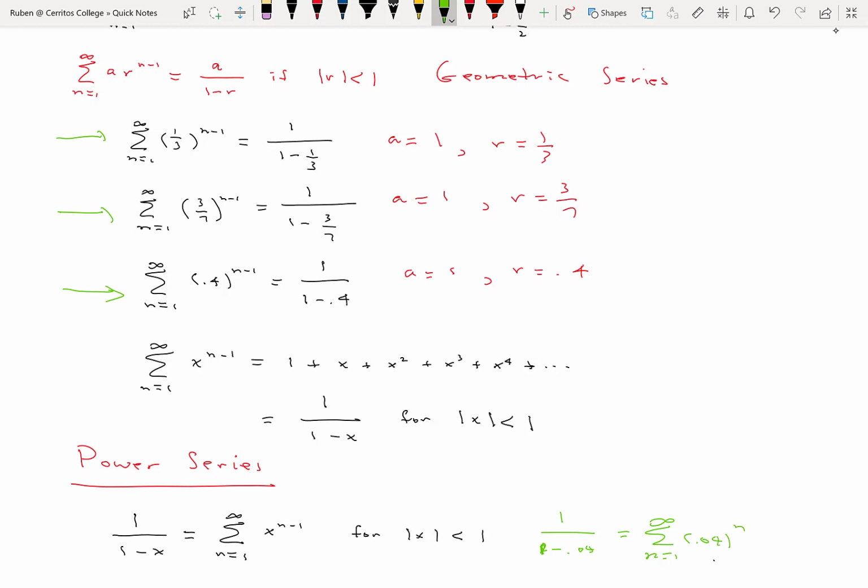And why is that so important? Because the sum of 0.04 to the n is just using addition, and 0.04 raised to the n is just repeated multiplication of 0.04, and those operations are 2 of the 4 operations that our calculators and computers are able to handle.